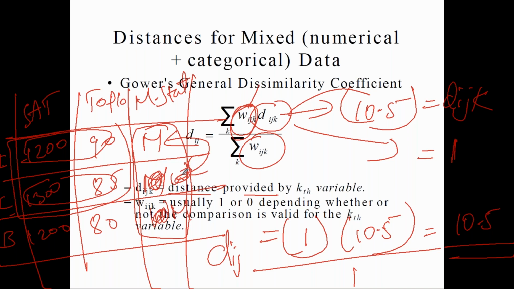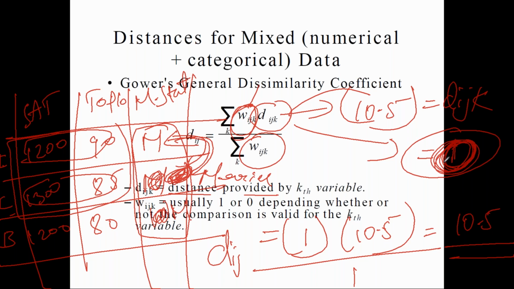Suppose instead of widow, you have married. What will be your weight of ijk? If you have the same category, the distance becomes 0, so your weight of ijk becomes 0.